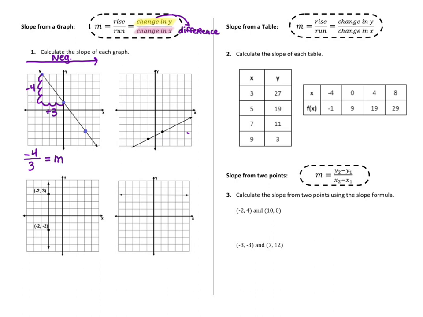My slope is negative 4/3. Now I could write that with the negative on top, I could write it with a negative in front, or I could write it with a negative on the bottom. As long as either the numerator or the denominator is negative, that's going to give me a negative slope.